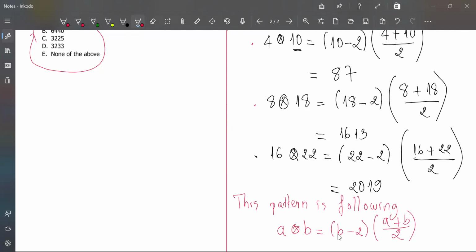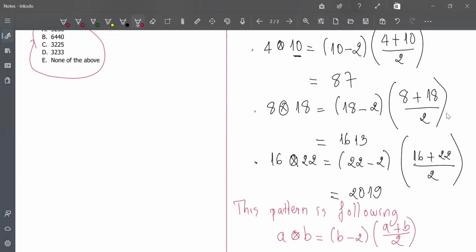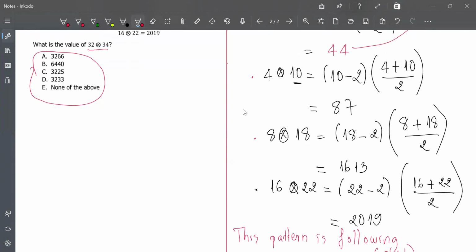But note that we don't multiply the brackets, but we write them next to each other like the following above.